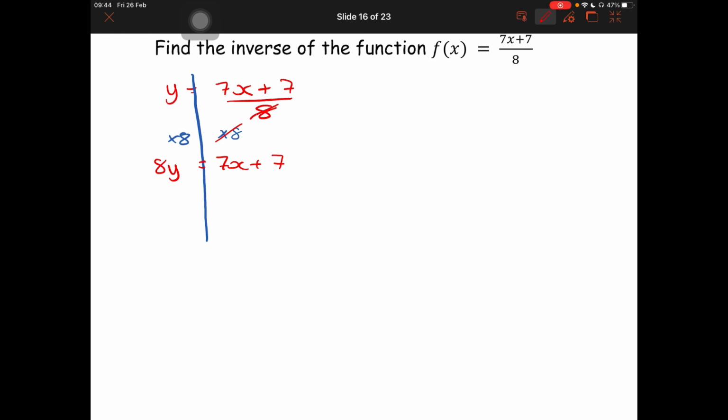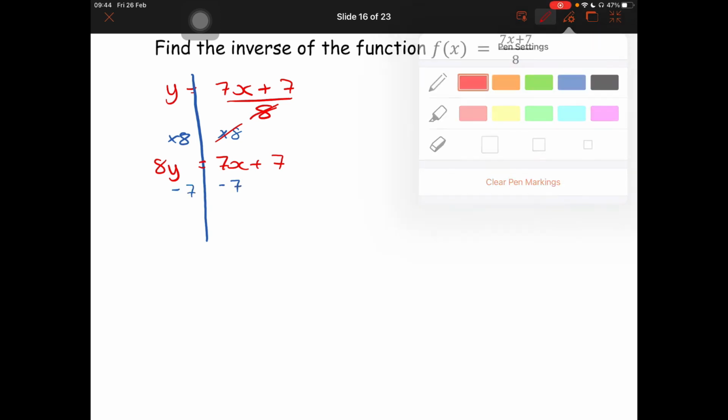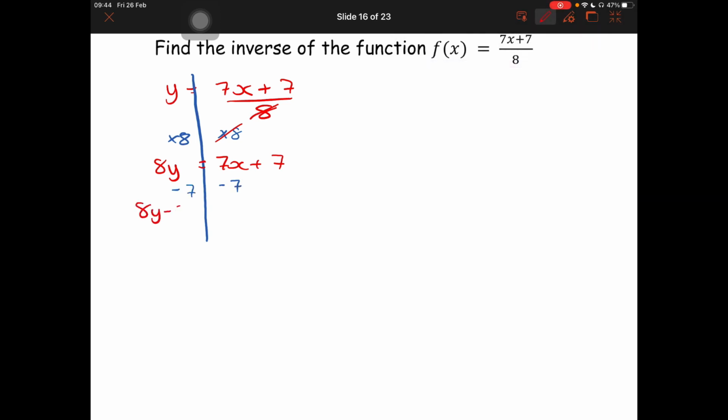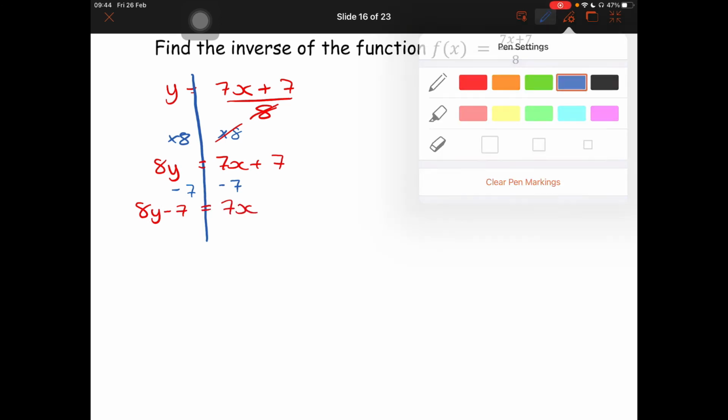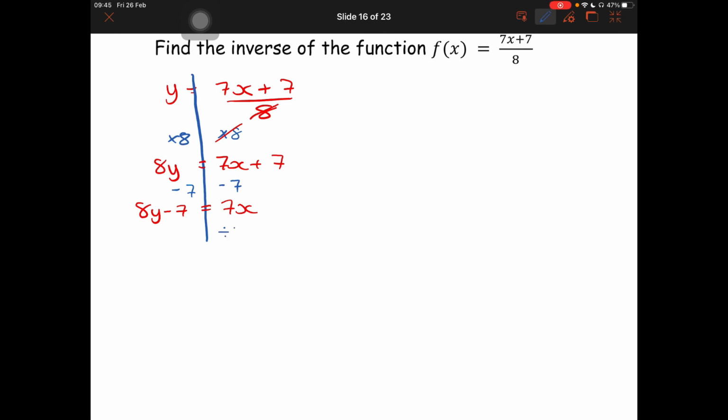Now we just follow through as we have done with every other one. So we'll subtract 7 from both to give me 8y minus 7 equals 7x. Last step, divide both sides by 7. Gives me 8y minus 7 all over 7, because I'm dividing the whole expression, equals x.